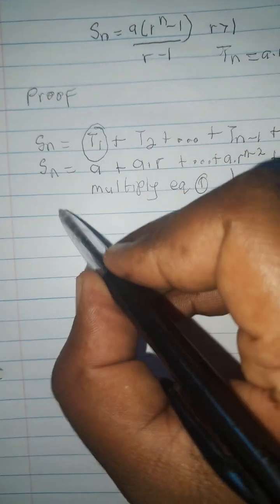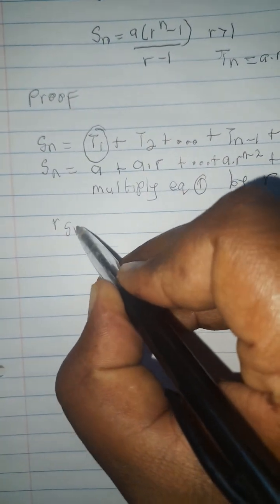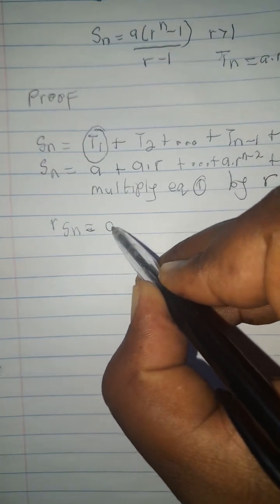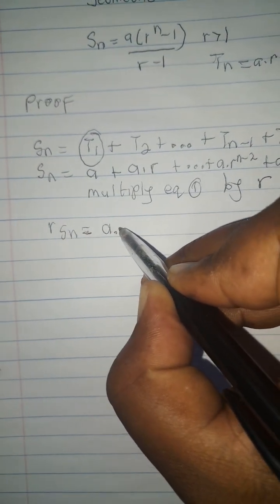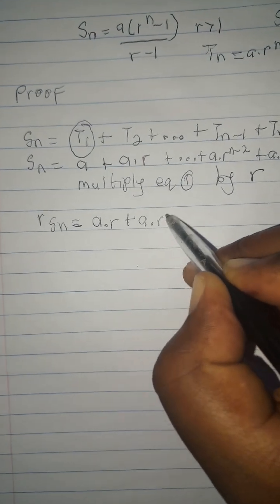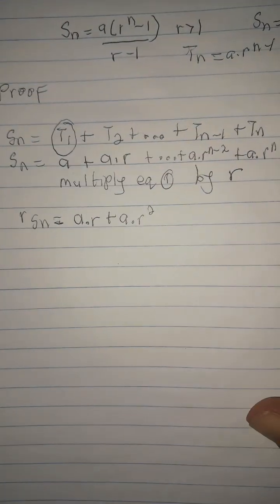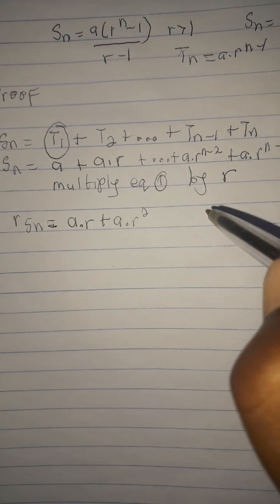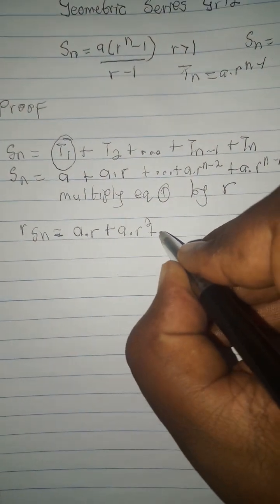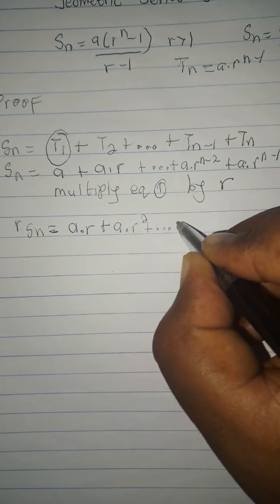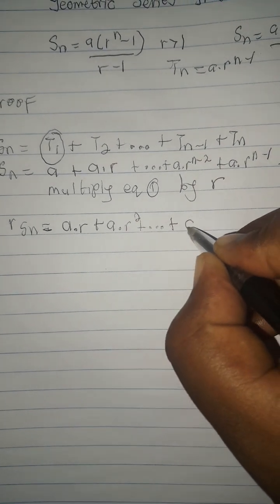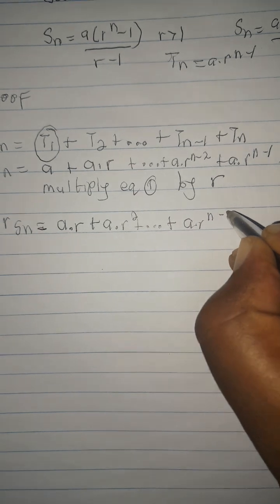If I multiply Sn, I'm left with rSn. If I multiply a, I'm going to have ar. If I multiply this, I'm going to have ar squared. Remember, when the bases are the same, you add the exponents. That's why you have r squared there. Plus ellipsis. If I multiply by r here, I'm going to be left with ar^(n−1).